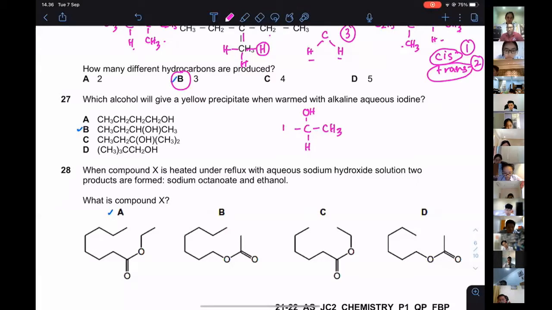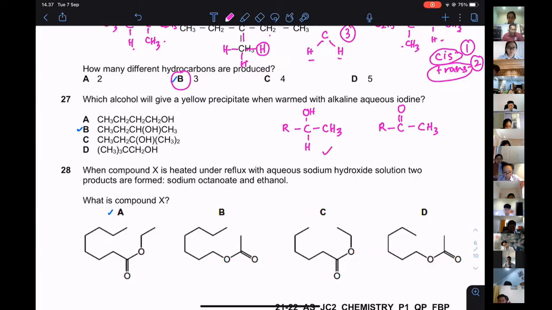You need to have this criteria in order to give the yellow precipitate. On the other hand, if you are using an aldehyde or ketone, you must have the CH3 there, and then the R group, something like that. That's the difference. So here, in order to get the triiodomethane reaction, you need to have this. So we are looking for this.